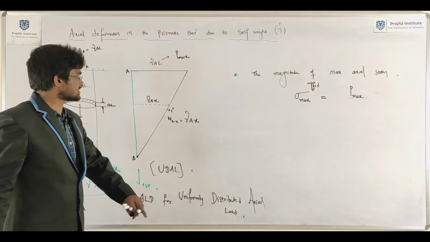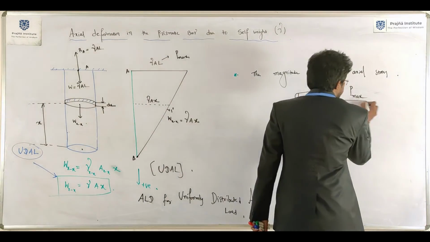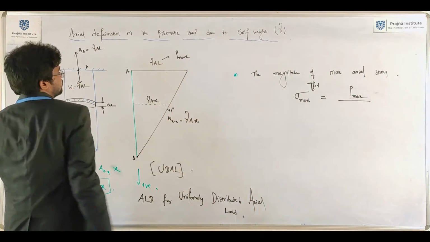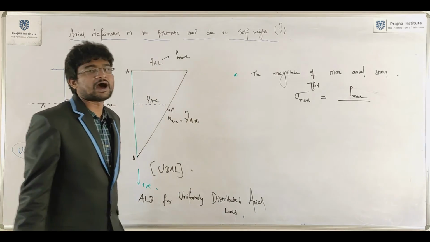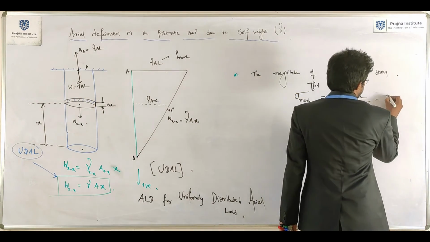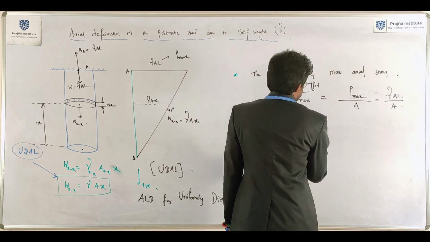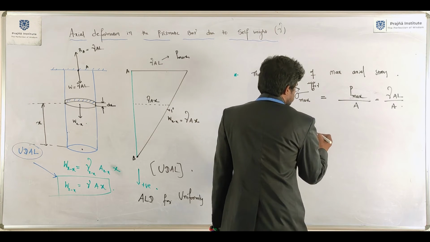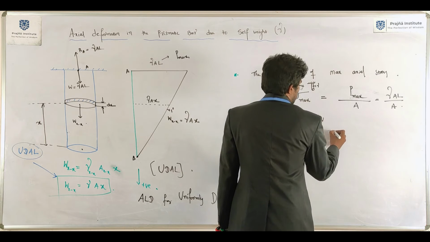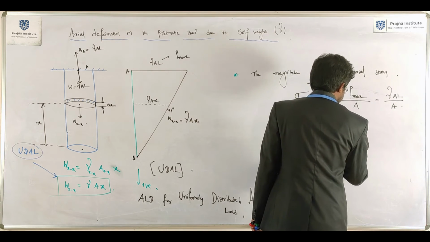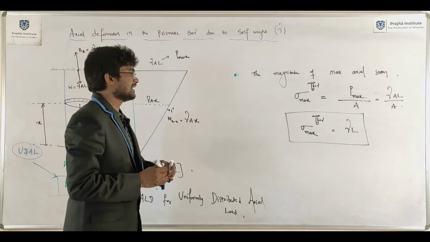What is the maximum load in the axial loading diagram? That is gamma AL, and the corresponding area of cross section. P maximum by area of cross section is gamma AL by A. So finally, the maximum stress sigma maximum is gamma L.